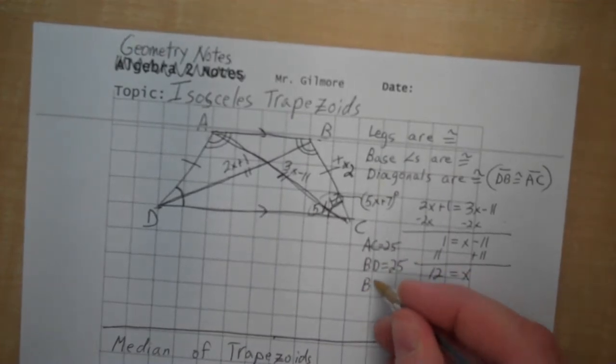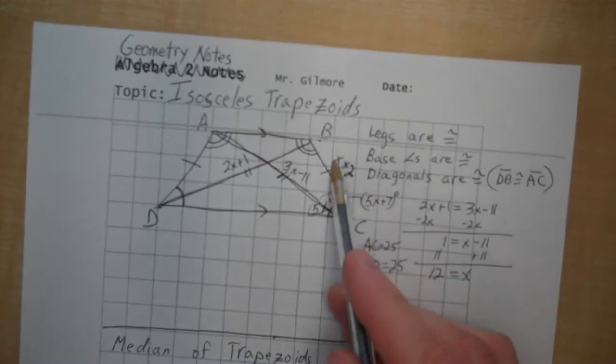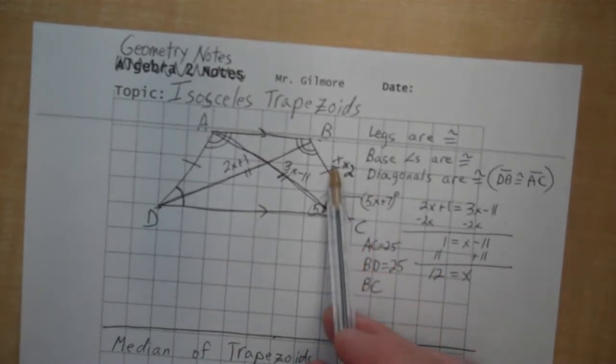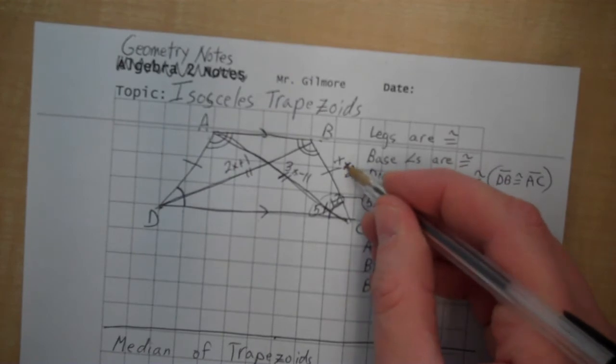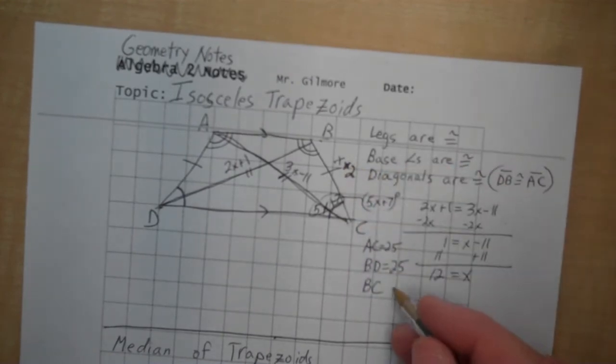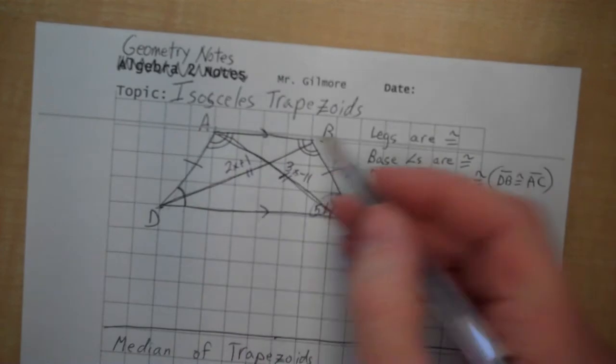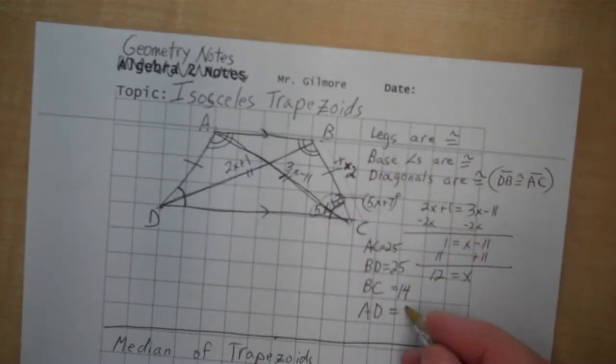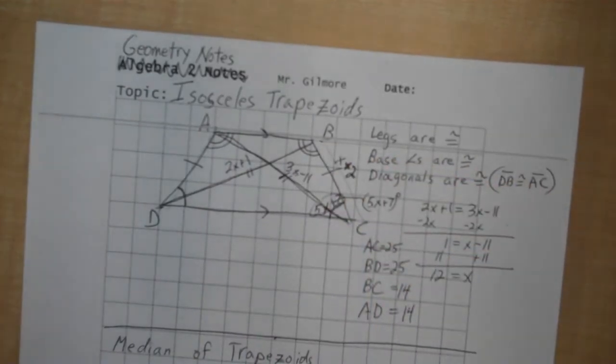Now BC, if x is 12, that is 12 plus 2, which is 14. And not only is BC 14, AD is congruent to BC because it's an isosceles trapezoid. That is also 14.